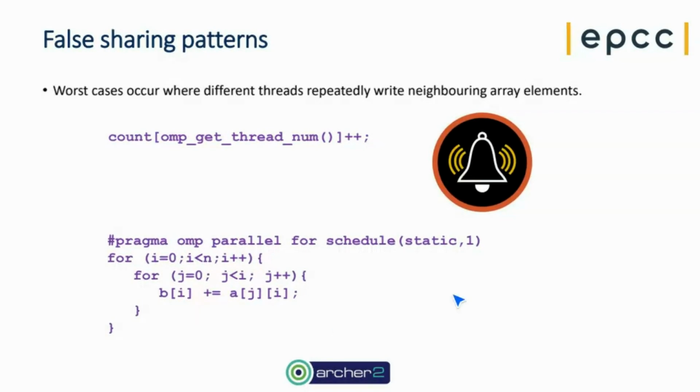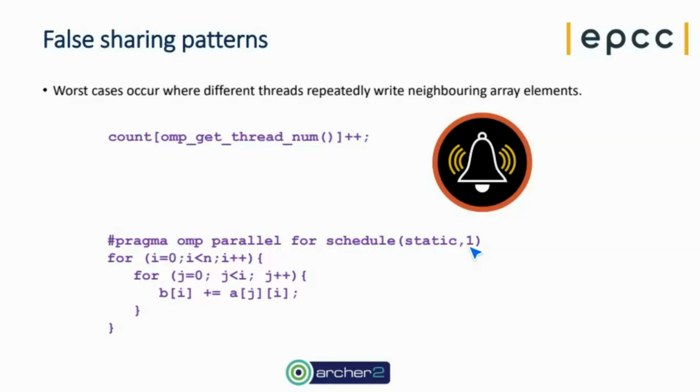How this will show up is that if you experiment with different chunk sizes, you'll find that 1 is not optimal, and you have to go to a larger chunk size so your threads are writing to different cache blocks instead of the same one. Depending on the word size, the optimal chunk size might be like 8 or 16 instead of 1.